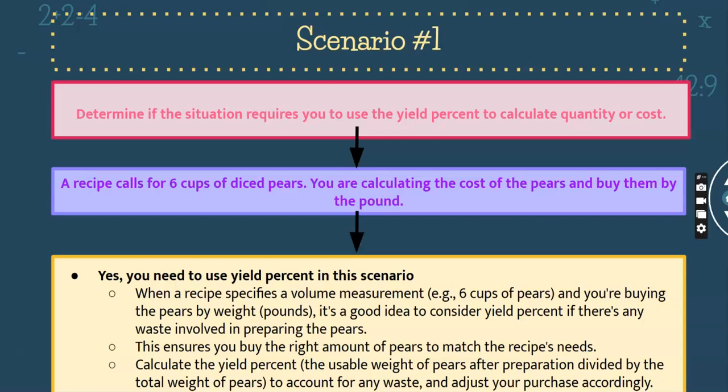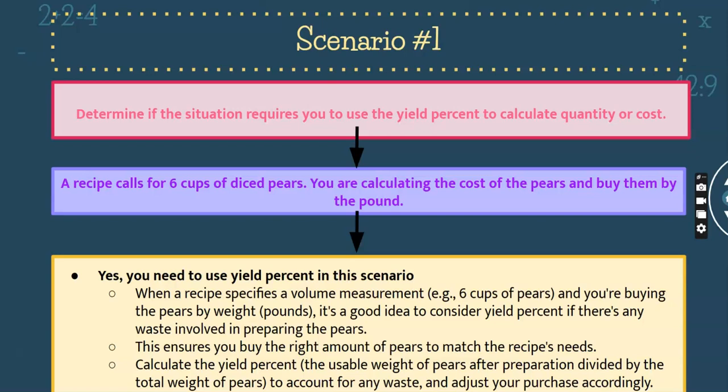When a recipe specifies the volume measurement, which is the 6 cups of pears, and you're buying the pears by weight, it's always a really good idea to consider the yield percent because you don't want to run out. There's going to be waste in those pears of the peel, the stem, the core, etc. This will ensure that you're going to have enough pears to match the recipe's needs.